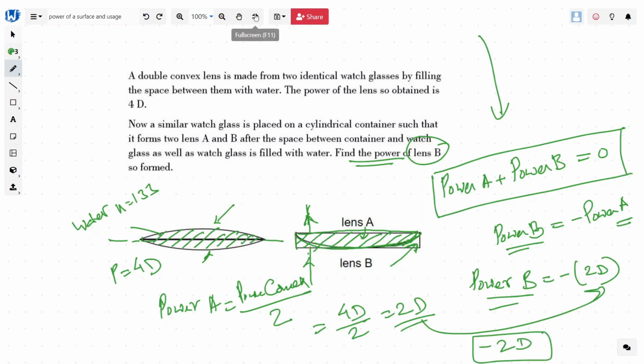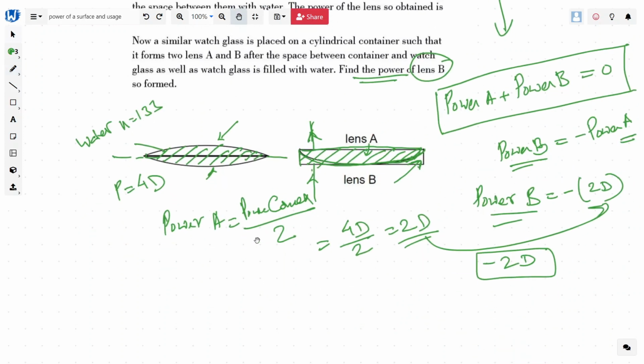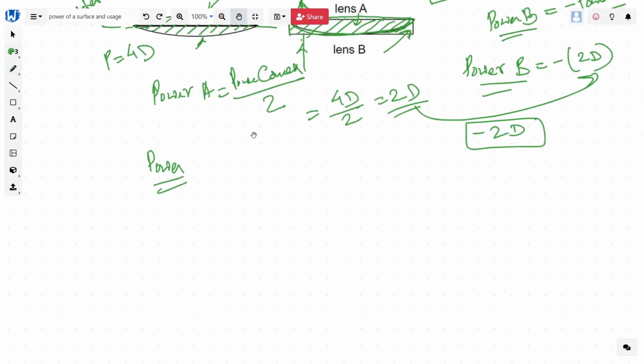So very easily, if you have the fundamentals clear, you can solve that. Otherwise, you'll get stuck finding focal length and using the lens maker formula, and reach nowhere. So just recapping, power is an important concept.